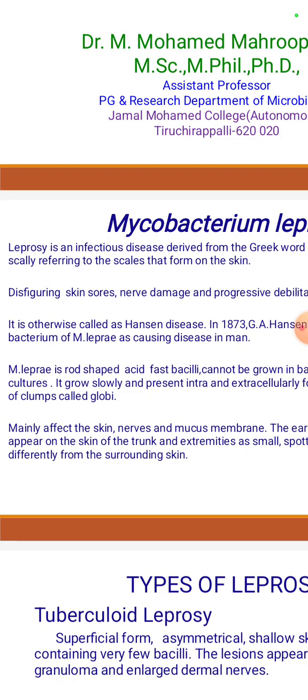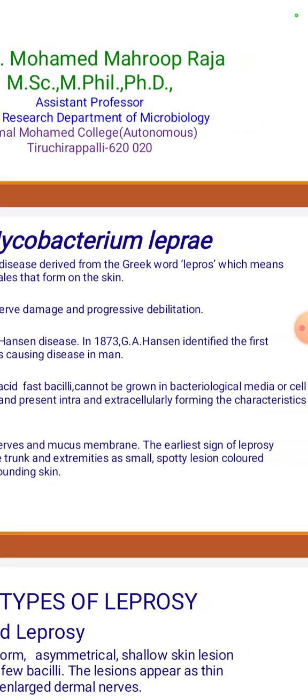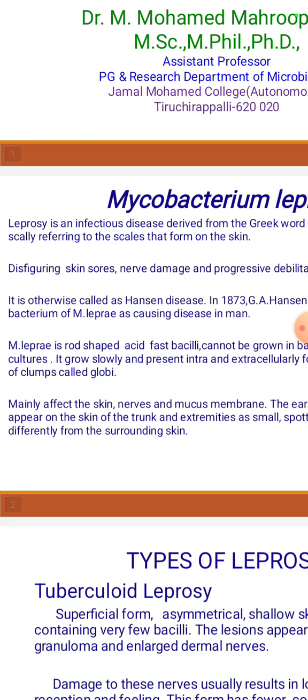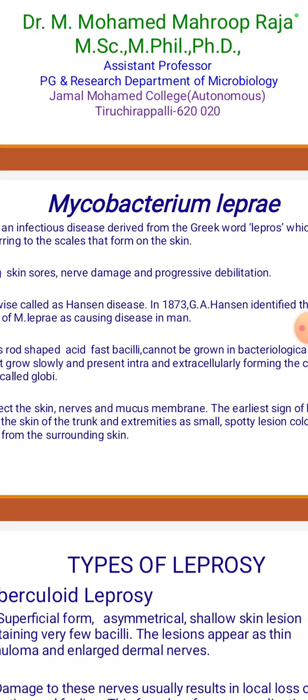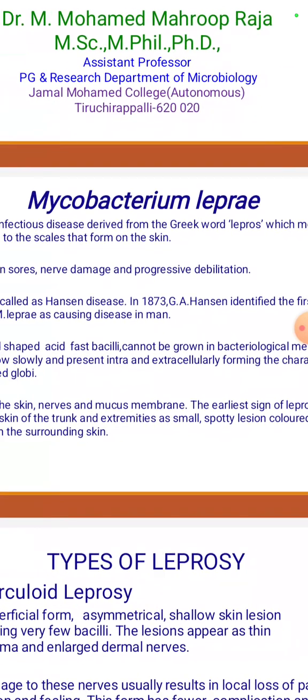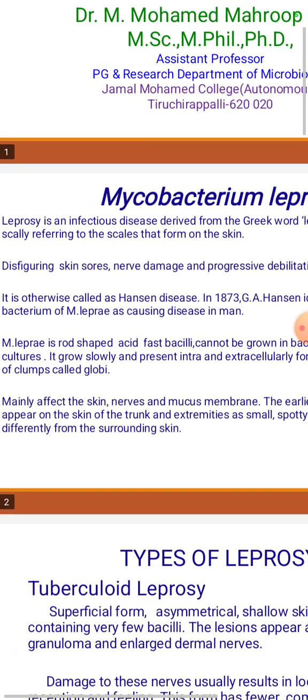In 1873, G. A. Hansen identified Mycobacterium leprae as causing disease in man. Mycobacterium leprae is a rod-shaped acid-fast bacillus. It cannot be grown in bacteriological media or cell cultures.